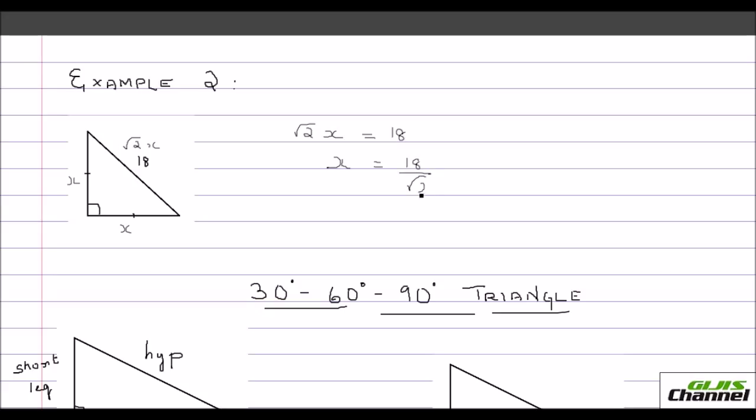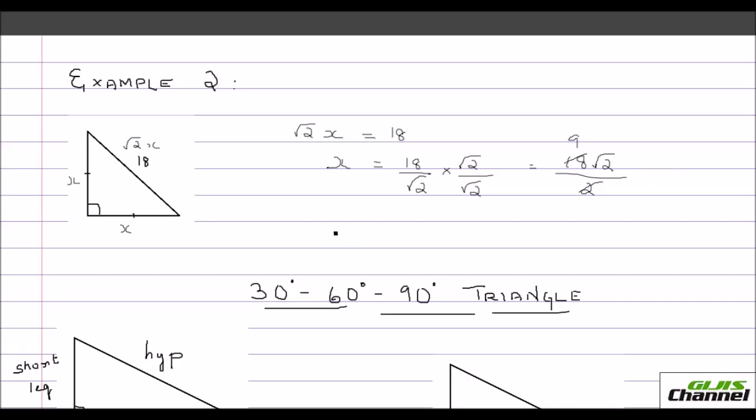We normally don't leave a fraction with a root as the denominator, so rationalize it. You just need to multiply the numerator and the denominator by the same root 2. And so you get 18 root 2 over 2, since root 2 times root 2 is 2. Now you can cancel the 18 and the 2, and this is going to be 9.